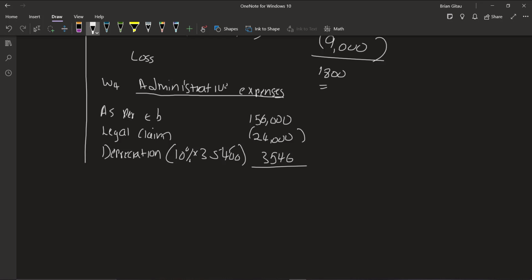So we need to reduce this 24 million because they had already made the provision. So 156 minus 24 minus 3546. This is giving us 135,546.